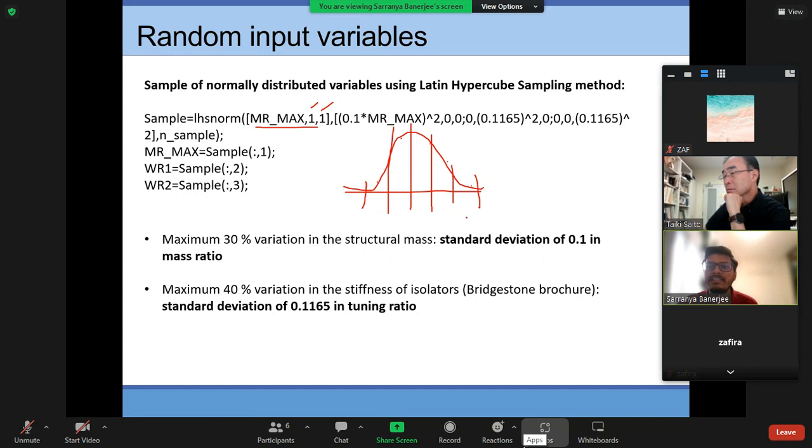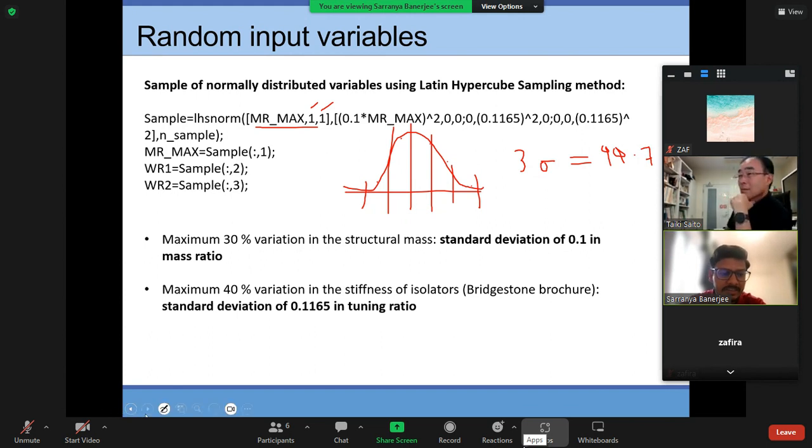With that variation, we have the 3 sigma rule. In the 3 sigma rule, 99.7% of the samples remain within the 3 sigma. So if we consider the maximum variation, say of 40% equals 3 sigma, we can find the standard deviation sigma, and we can get the distribution of these 3 variables.